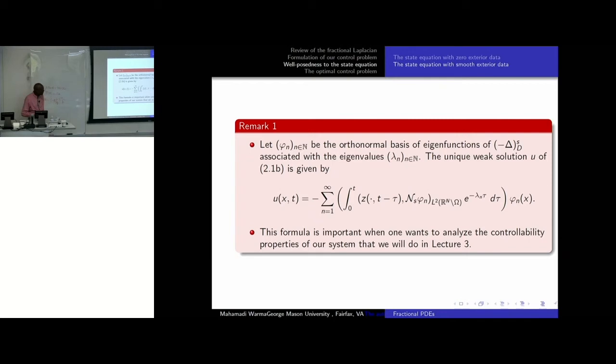The exterior data in L2 of the complement is paired by the scalar product with the non-local normal derivative of the eigenfunction, times exponential of minus lambda n tau, and you have phi n. That is the convolution of this term with the eigenfunction and the eigenvalue. That is the exact formula of the non-homogeneous Cauchy problem.